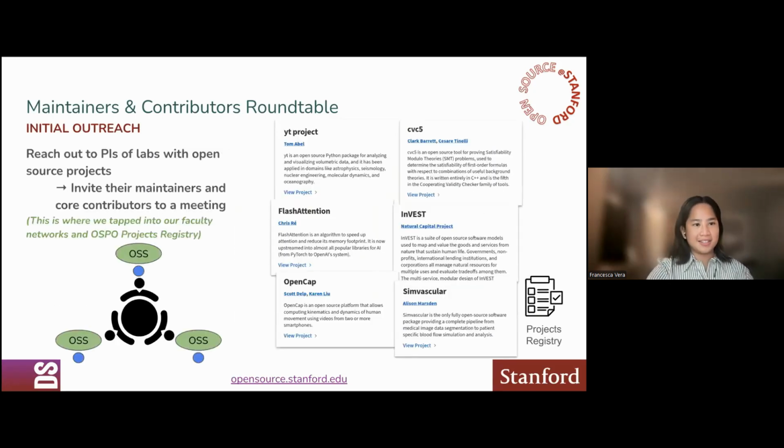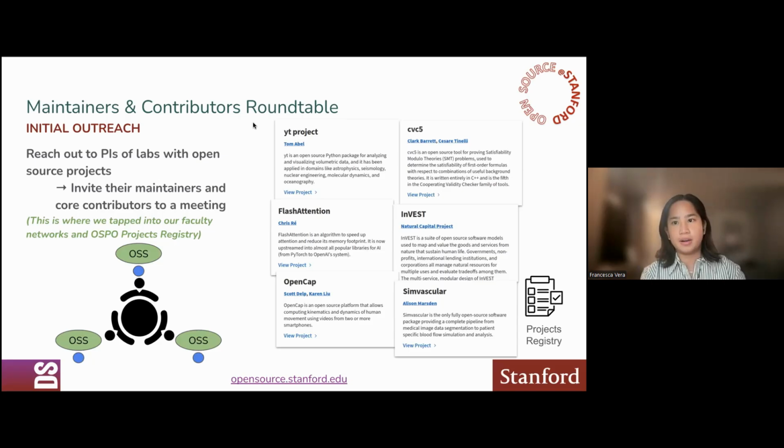So how did we get started? I think one of the most common questions that I get asked when I talk about the maintainers and contributors roundtable, either from colleagues, other staff members, or from members themselves, is how did we find this membership pool?